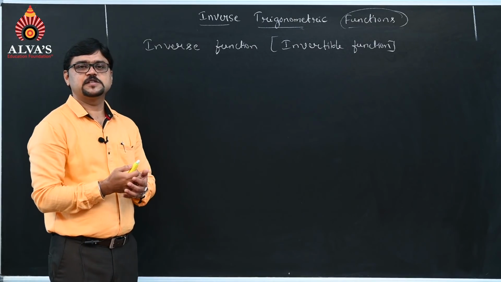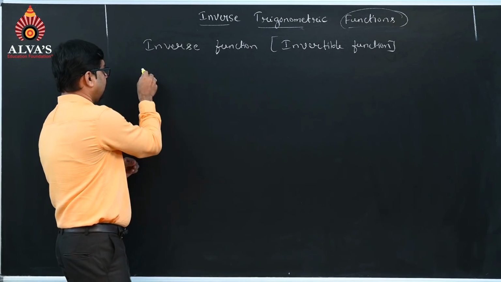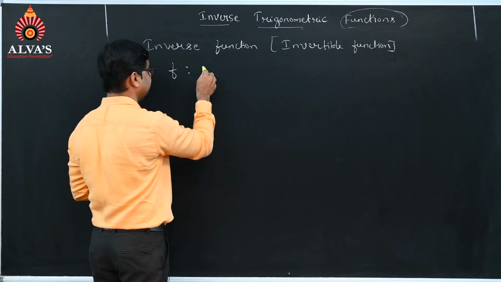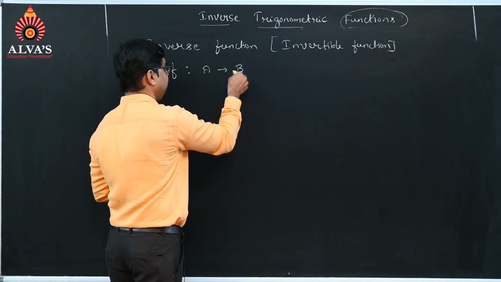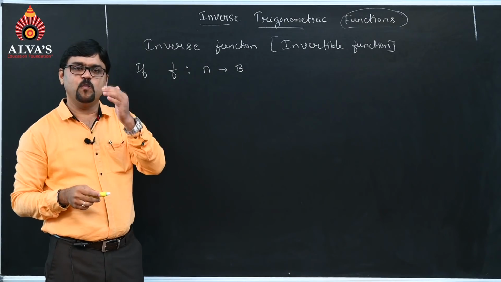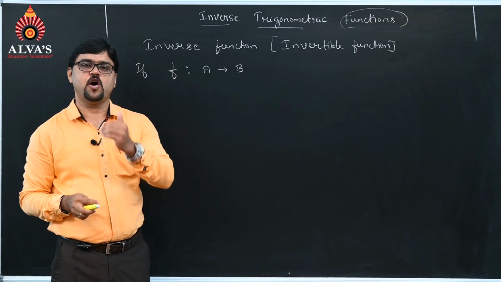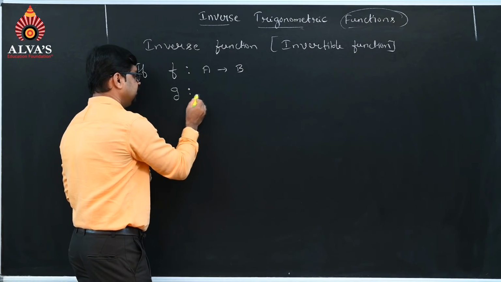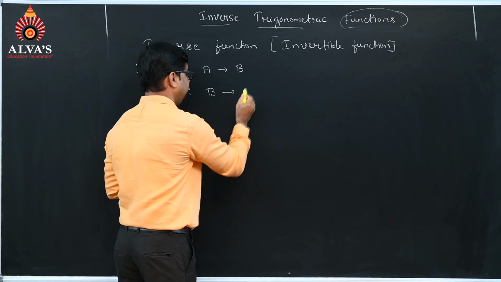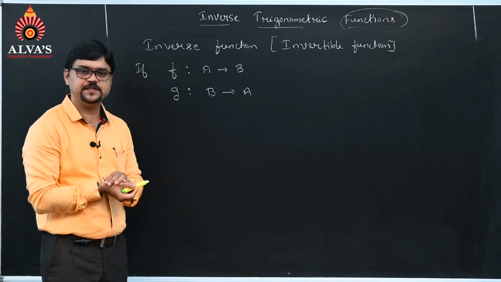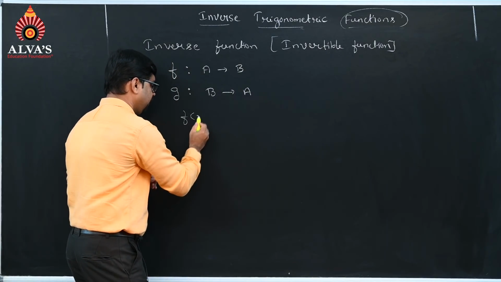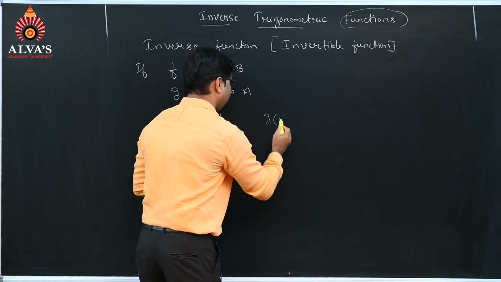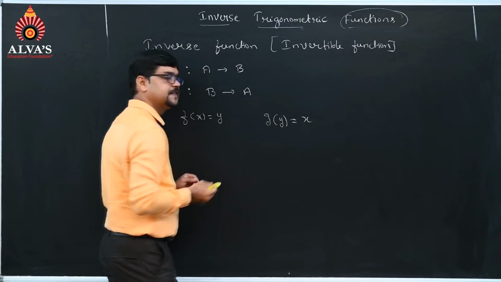So what is inverse of a function? If f from A to B is both one-one and onto, then there exists one more function g from B to A such that f of x equals y and g of y equals x.